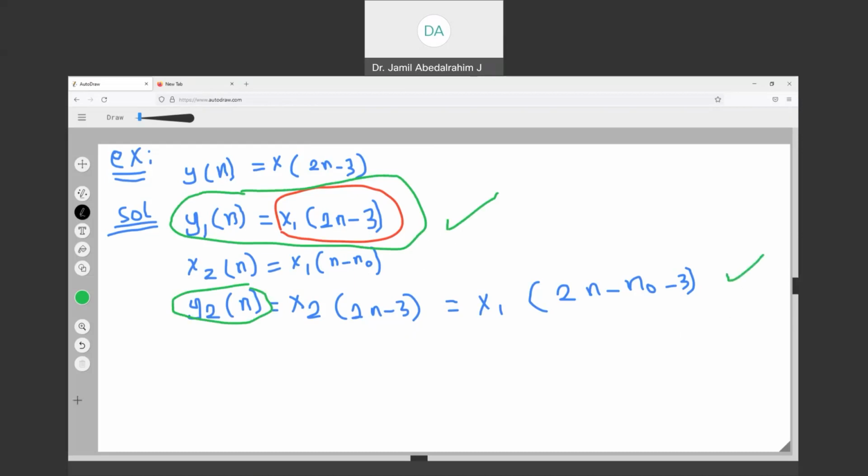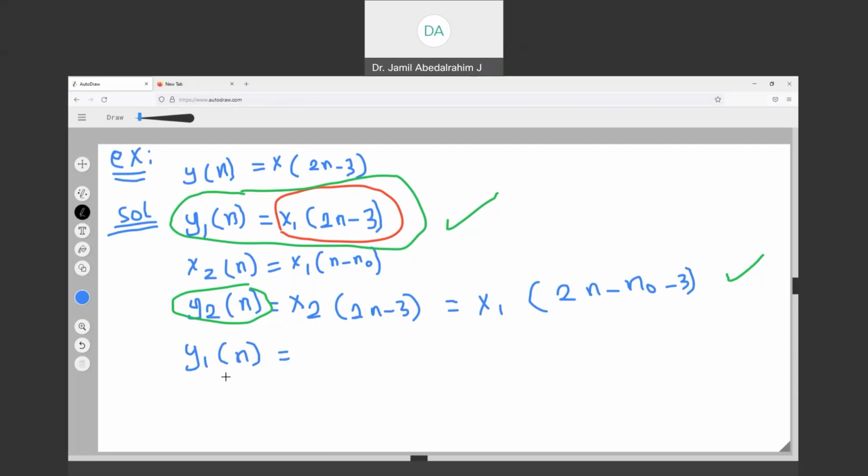Now we assume that y1 of n will be shifted by n naught.